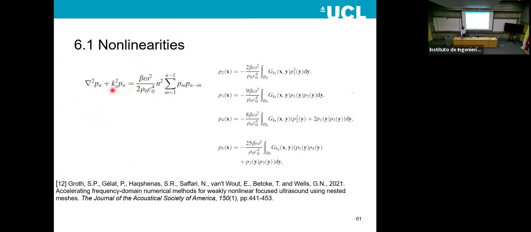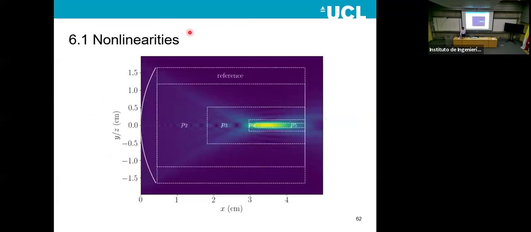These are Helmholtz equations with the right-hand side for each harmonic induced by the sound field. And here we basically solve in nested boxes.